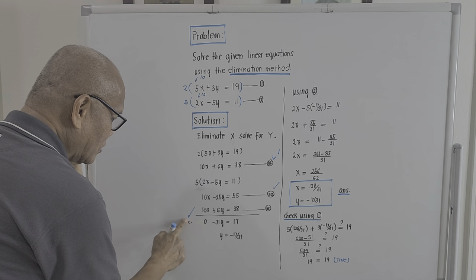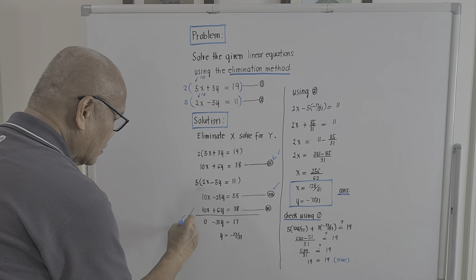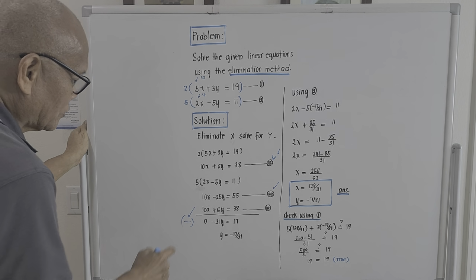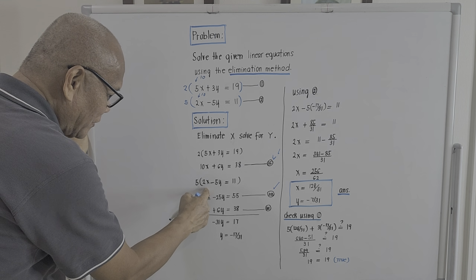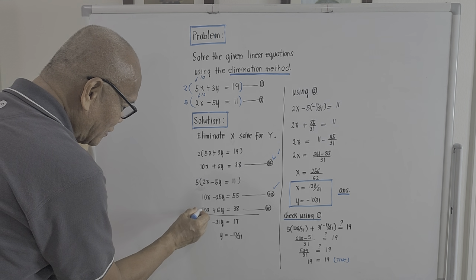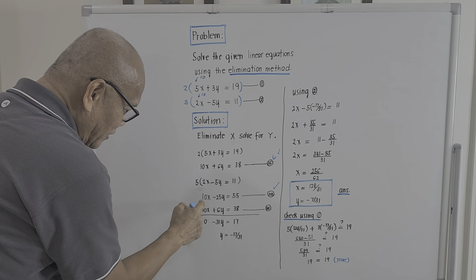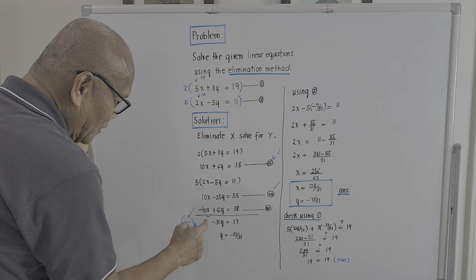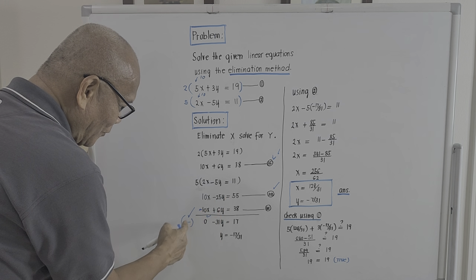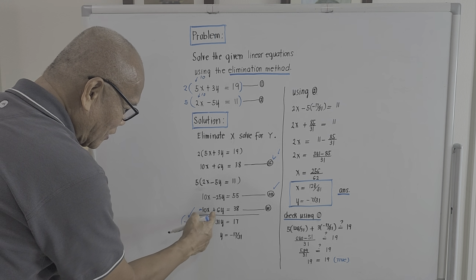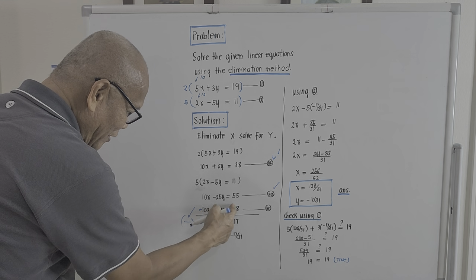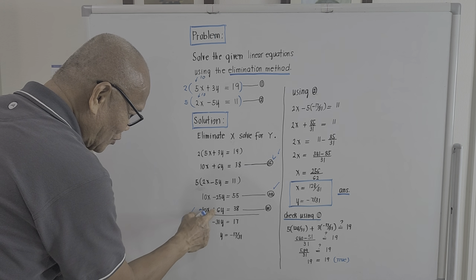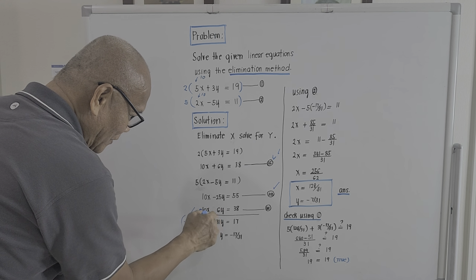So 10x minus 10x will be 0. Minus 25y, the operation is subtraction. This is plus 6y, but the operation is subtraction, so this will now become negative 6y.